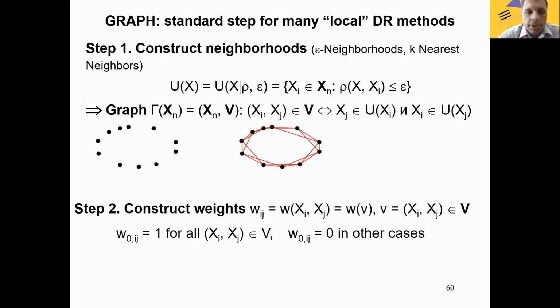All these approaches start from the same step. This step is related to construction of the graph representing local neighborhoods between points. The idea of this step is very simple. We have a set of points, and we would like to construct local neighborhoods.